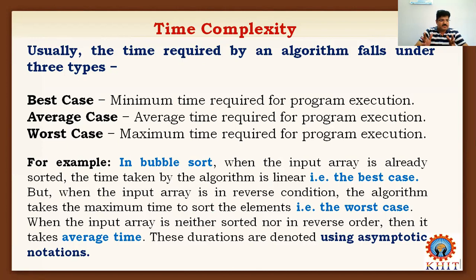Sometimes the algorithm takes maximum time, sometimes minimum time steps, and sometimes an average number of times for executing. So based on the number of steps it takes for executing the algorithm, we can conclude whether it is a best case, average case, or worst case.